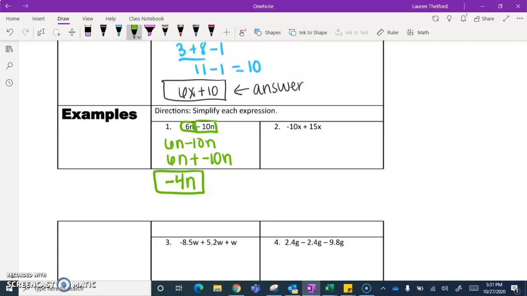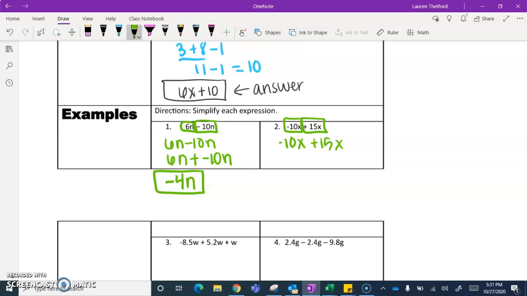For number 2, when I box and circle, you'll notice that we have two terms that both have the same variable. They both have an x to the same exponent, which in this case is just a 1. So we are going to combine like terms. I have negative 10x plus 15x.